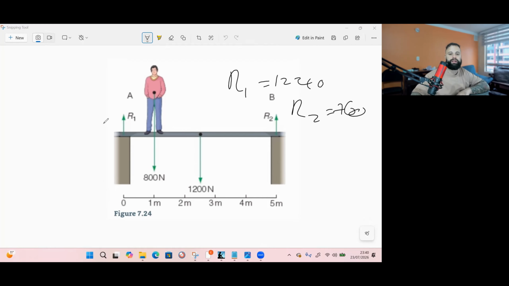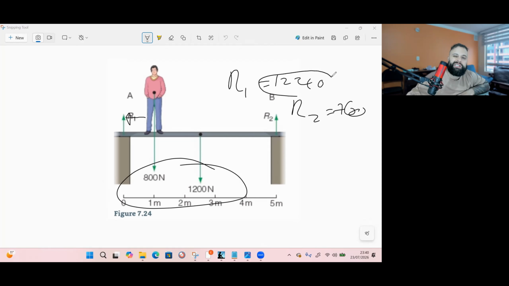Now, a big question is why R1 is 1,240 but R2 is 760. You would think that they'd both be 1,000 each if the downward forces are 2,000. Why is that the case? That is because the person is very close to R1, so the reaction force there needs to be much greater than R2.